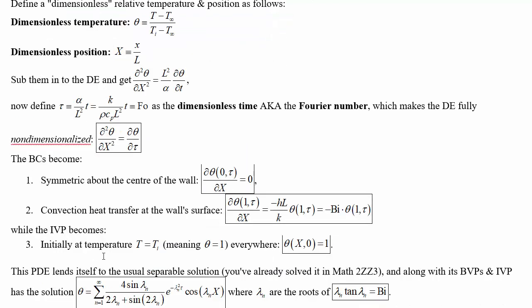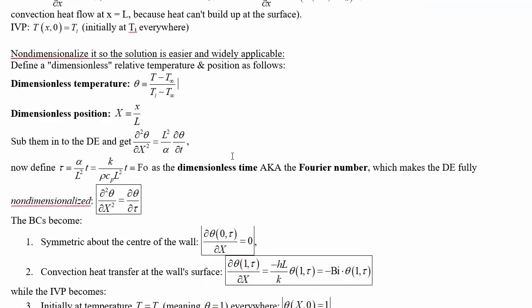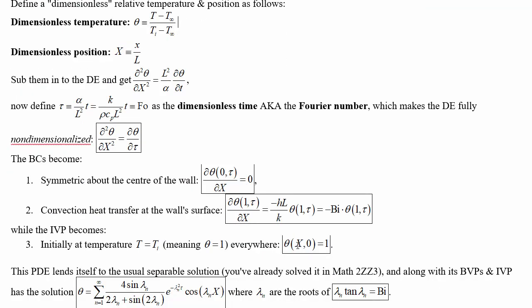Okay, and the initial value, temperature initially is Ti. If you look at our theta definition, when temperature is Ti, that means theta is equal to 1. So that tells you theta at x and time 0 is 1.